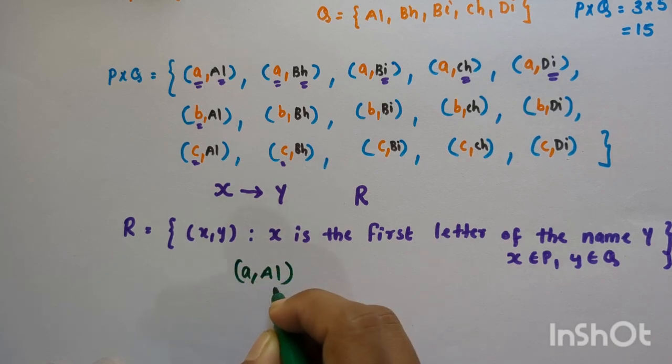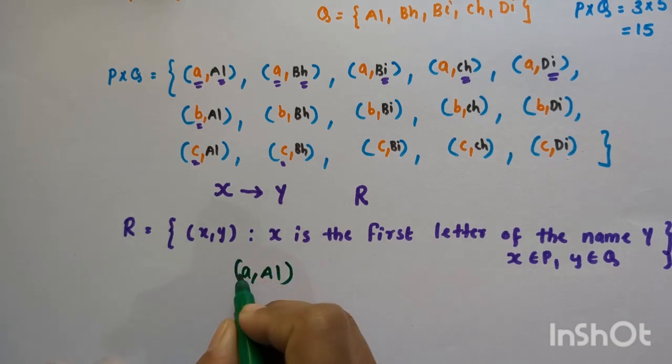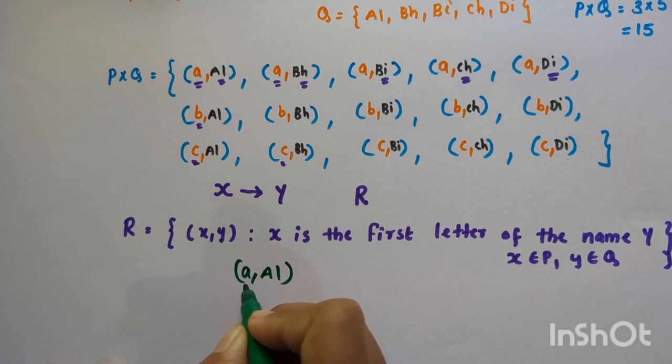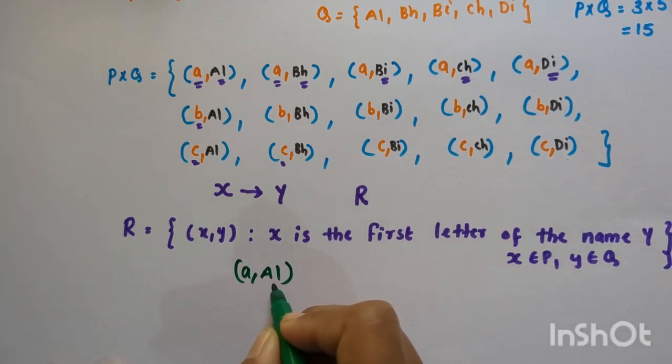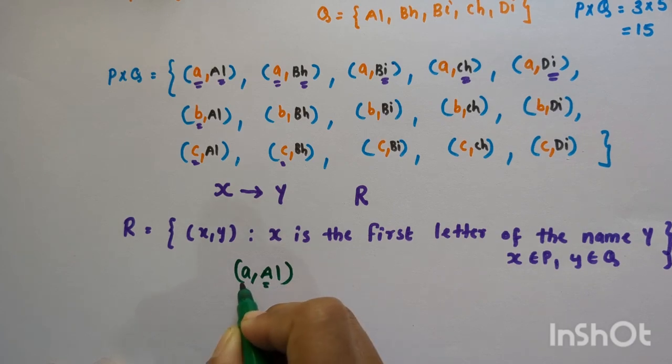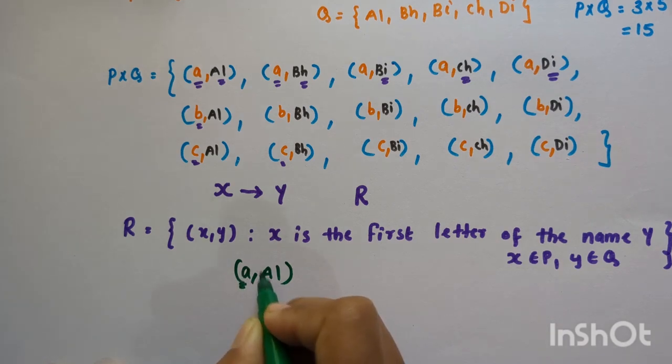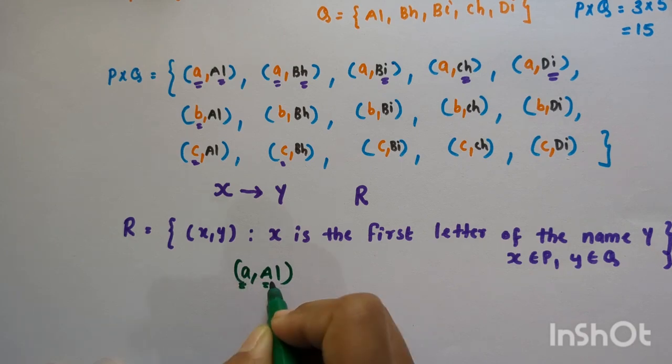This is possible because the first element X is A, and it should be the first letter of the name Y. The name is Ali, AL for Ali, so the first letter is A. So X is the first letter of the name Y. This ordered pair is possible here because the first element A is the first letter of the second element Ali.